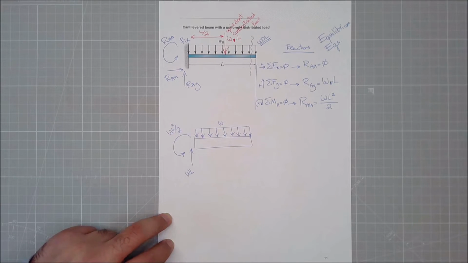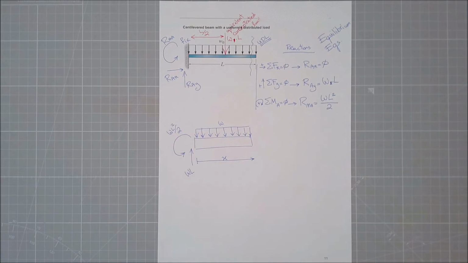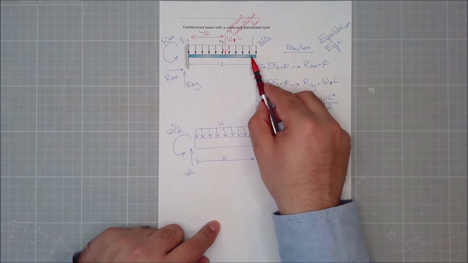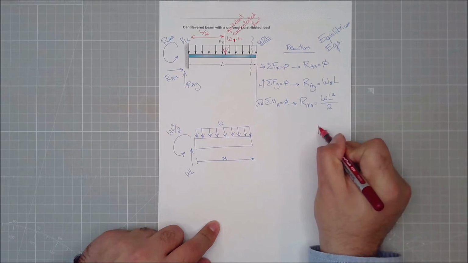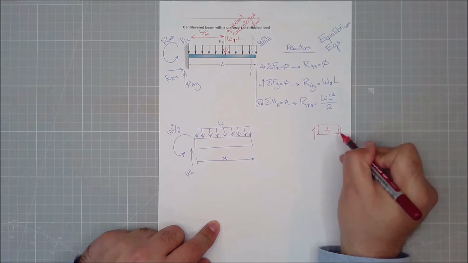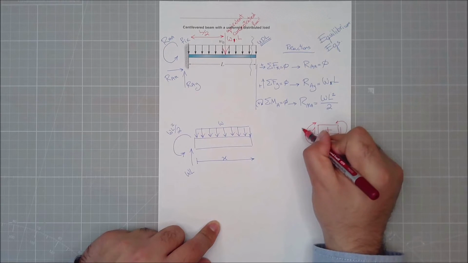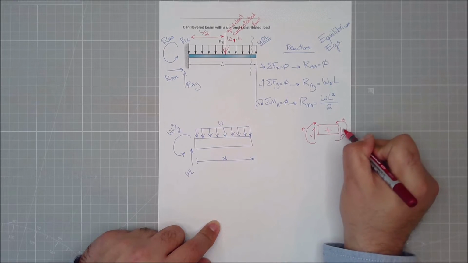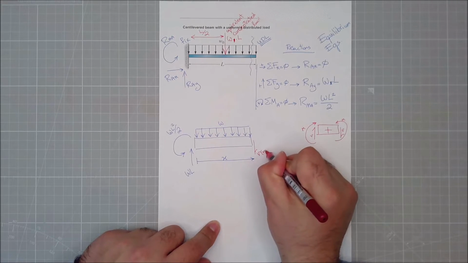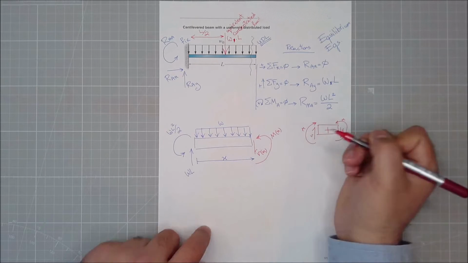This will be the length of X. And I have to put the functions of Vx and Mx at the point that I have cut. The convention was saying the positivity is like this for V's and M's. I'm considering the right side, so function of shear and function of moment.